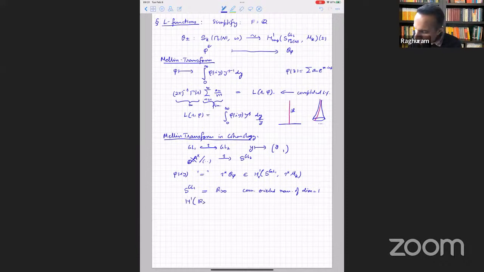So I know that if I look at the first cohomology of such a manifold with compact supports, and let me just say constant coefficients, this is Poincare duality. This is just isomorphic to the complex numbers. You take a compactly supported differential form and you integrate this against an orientation class. That's simply to say I integrate from 0 to infinity of this omega. And you do the same with this class.